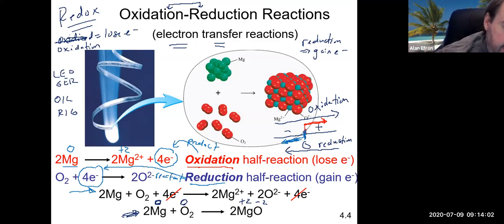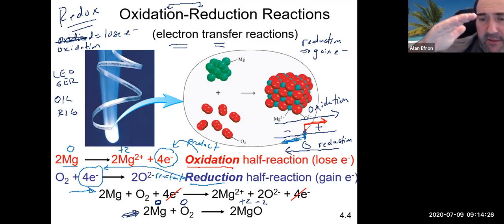And you get this one. And what should always happen when you add the half reactions together is that the electrons should always cancel. So to have properly balanced half reactions, both the oxidation and reduction half reaction, you should always have the exact same number of electrons in each, because it is a complete transfer of electrons.